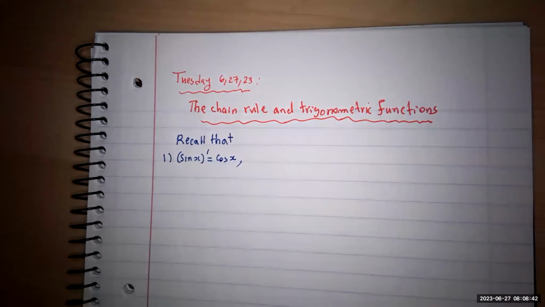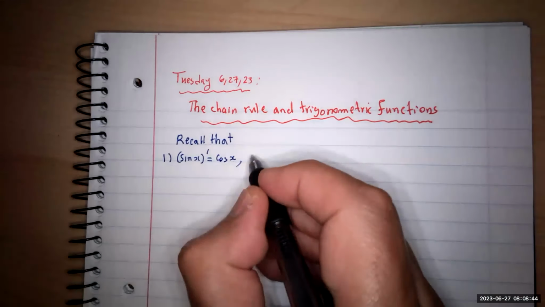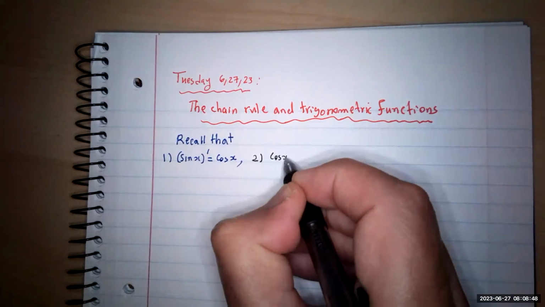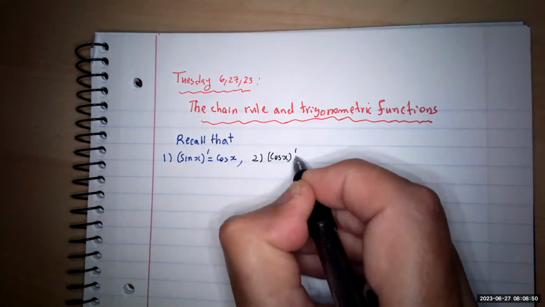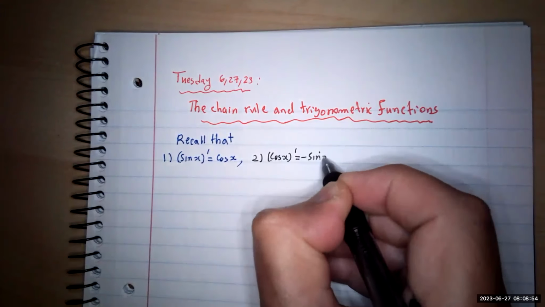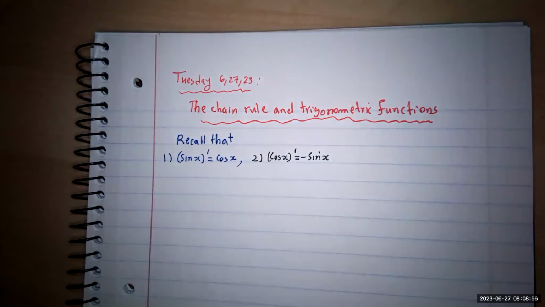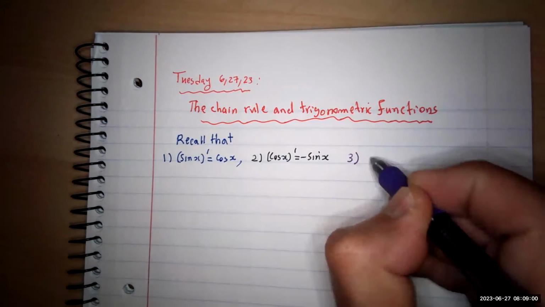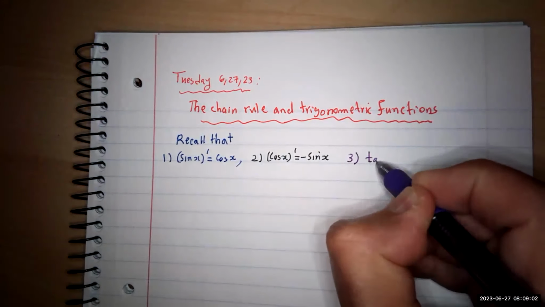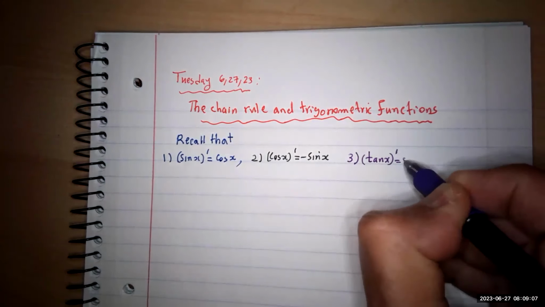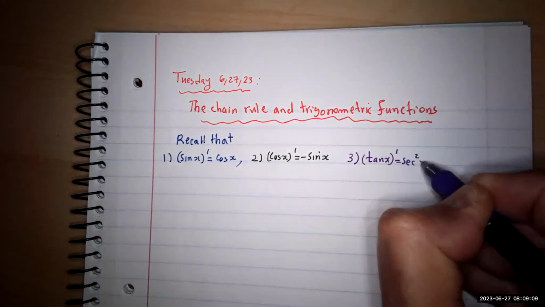Number two, we know the derivative of cosine of x, which is going to be negative sine x. That's number two. Number three, we know the derivative of tangent of x, which is equal to secant squared of x.